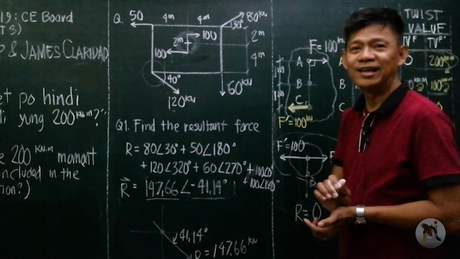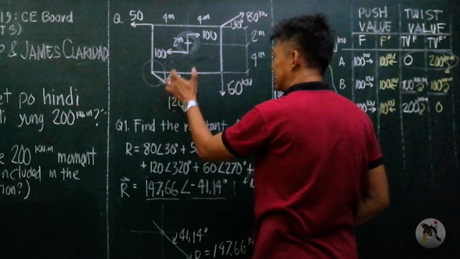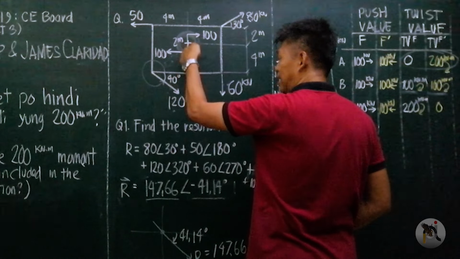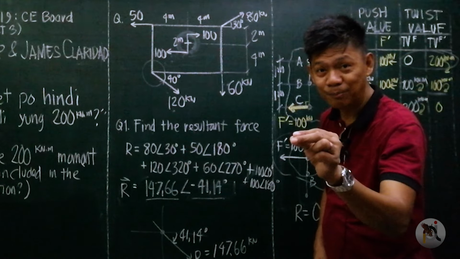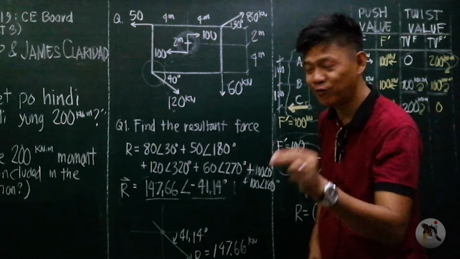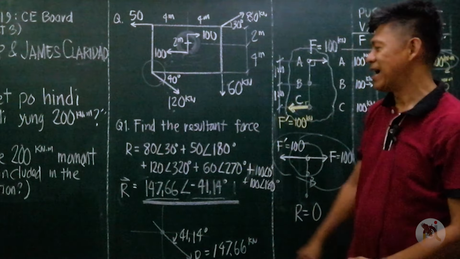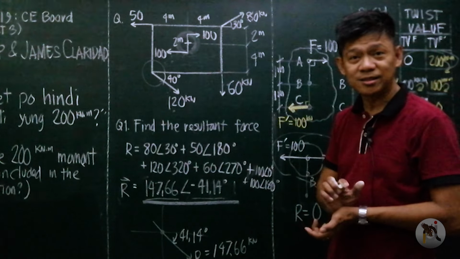You get it? So, this, or the equivalent of this, is the moment of 200 kilonewton, will have a resultant push value of 147.66 angle minus 41.14 degrees.